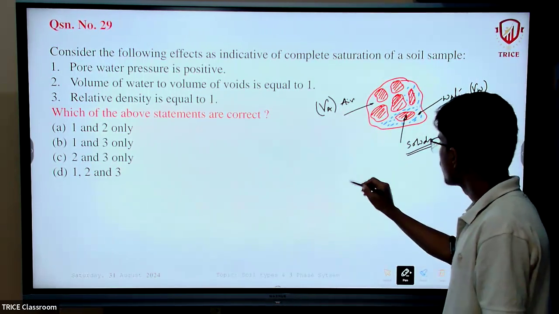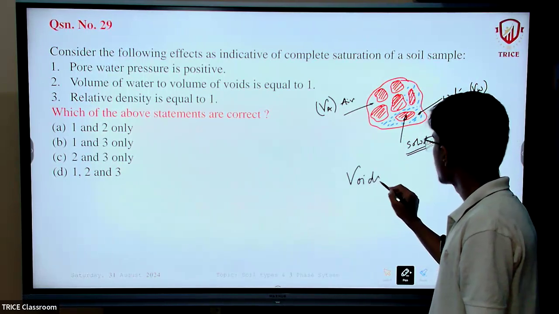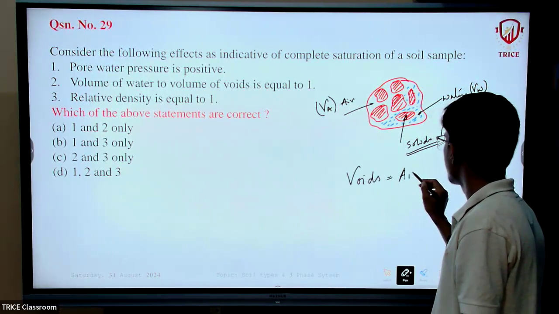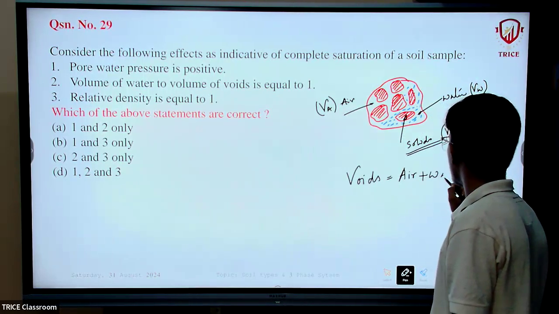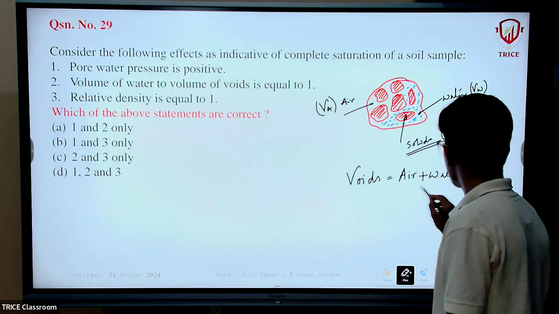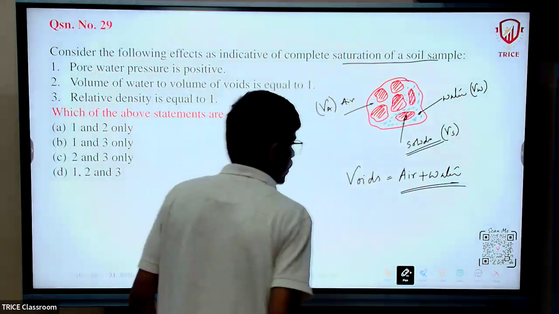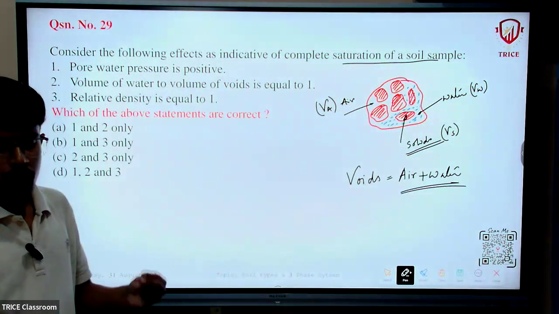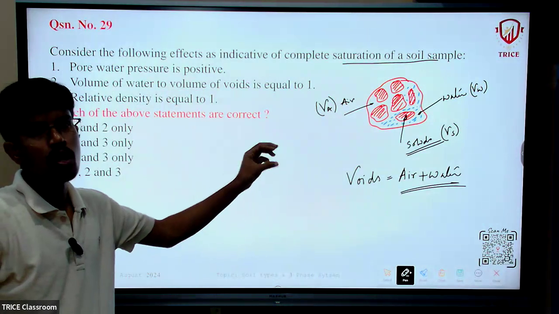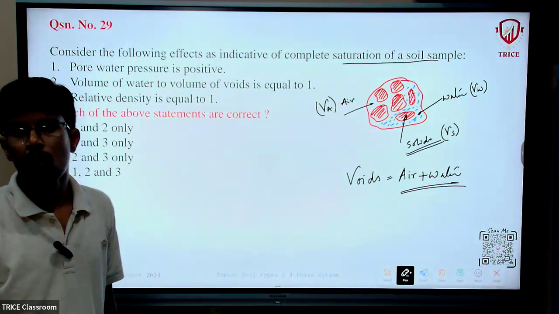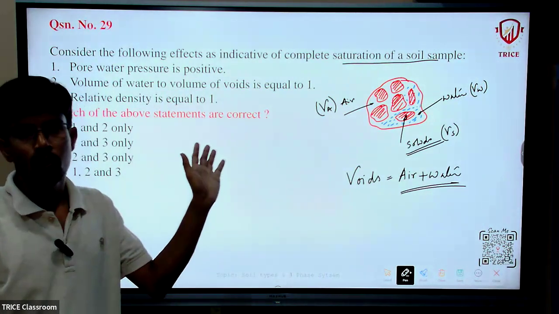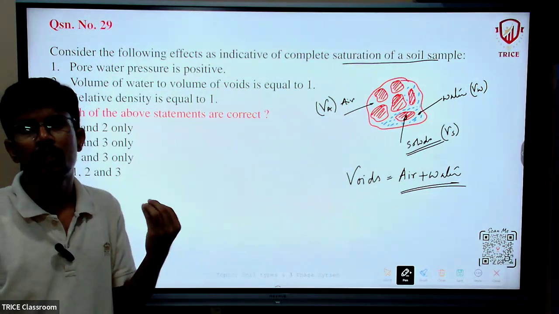Here, the voids are nothing but the combination of air plus water. So we have to define certain terms, such as saturation. Saturation is the amount of water in the voids, which we can express in terms of volume.